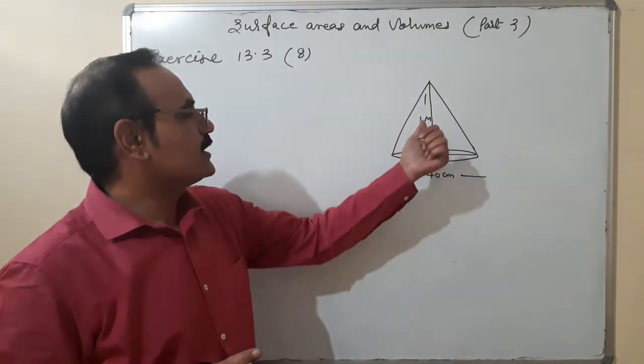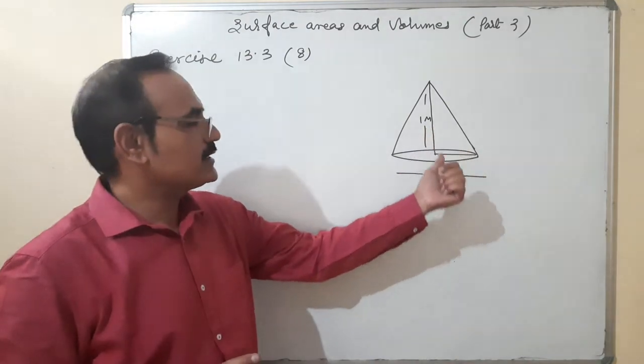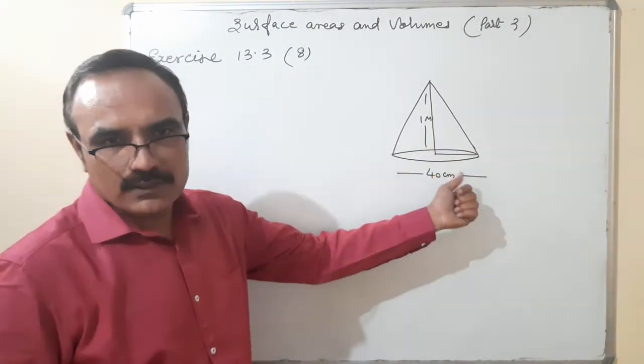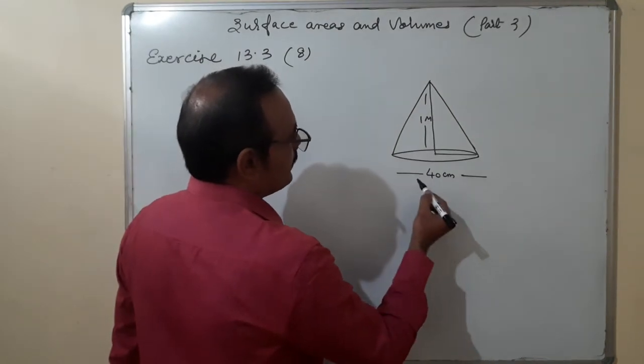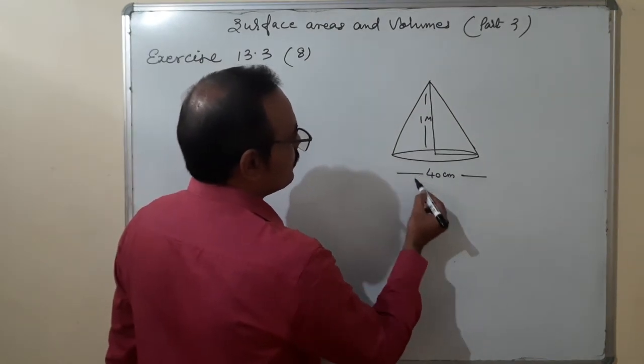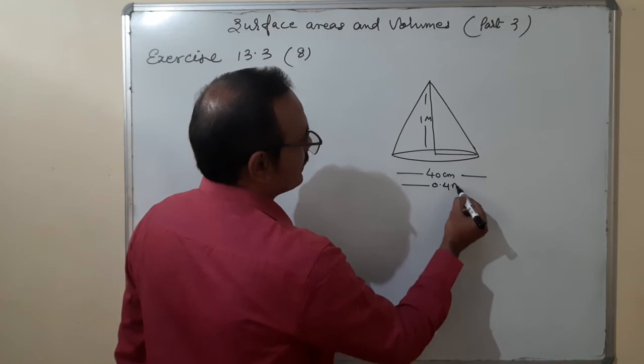So rather than changing this into centimeter, we are changing this into the form of meter. Diameter is in the form of meter. Because 40 centimeter, 40 divided by 100, I may write here 0.4 meter diameter.